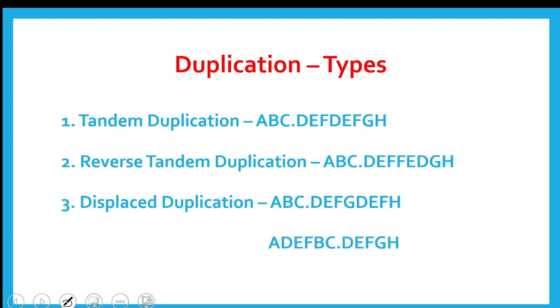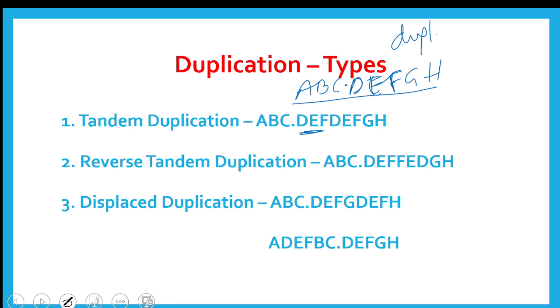In tandem duplication, this is the normal chromosome ABC, DEF, GH with the centromere between C and D. And this DEF is said to be duplicated. How does duplication take place generally? Duplication may take place either due to unequal crossing over or due to misreading during DNA duplication.